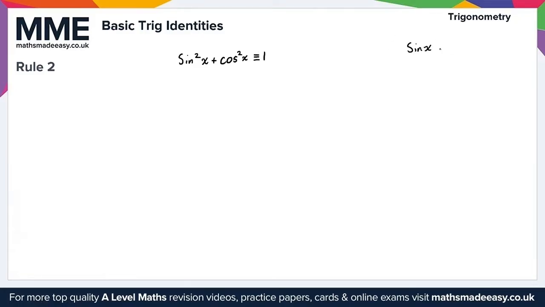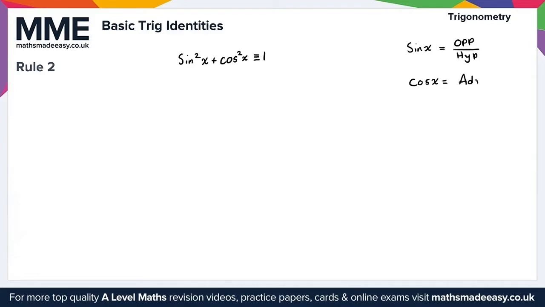So sine x can be expressed as the opposite over the hypotenuse. We'll simplify these a little bit just to make this easier to see. And for cos x, we can express that as the adjacent over the hypotenuse.